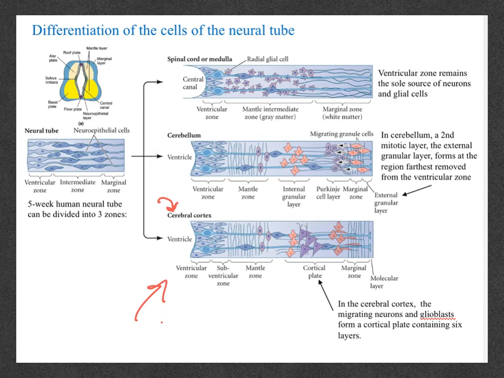Certain neural progenitor cells from the mantle zone migrate on radial glial processes towards the outer surface of the brain and accumulate in a new layer, which is the cortical plate. This cortical plate will go on to form the neocortex. Okay, and this neocortex is a distinguishing feature in mammals.